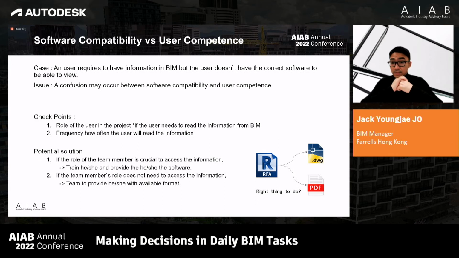What things, right things to do. So basically, we are modeling entire building components in a building information model, but because they are not able to use a tool called Revit, they may tend to ask for converting to PDF or AutoCAD.